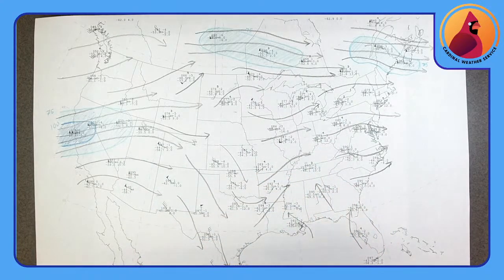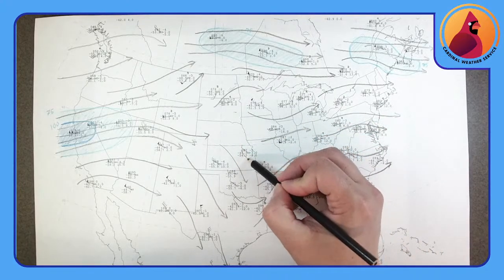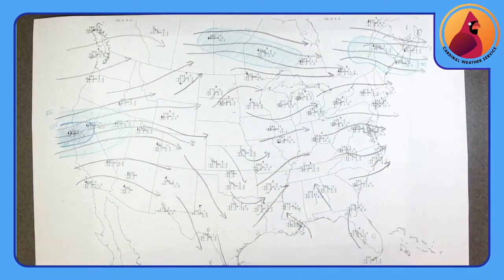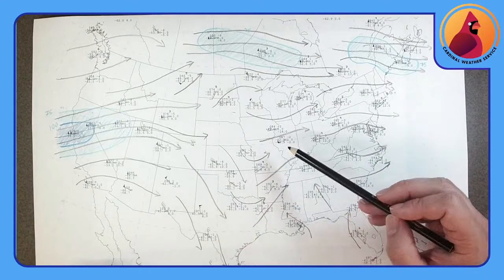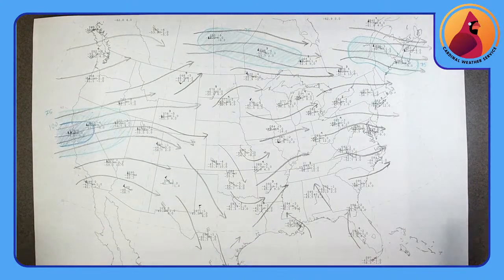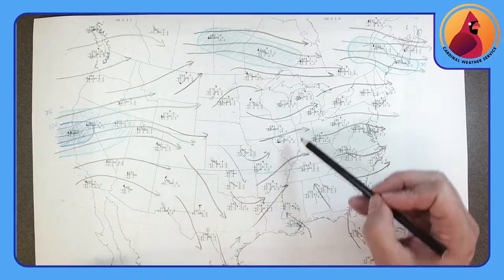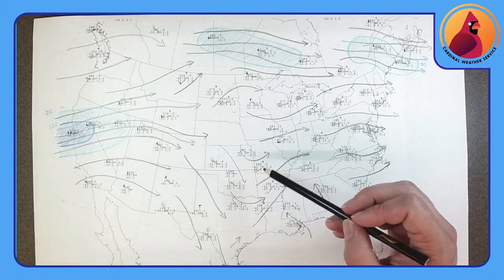And you can see all the way up here, this trough, you can see our trough represented all the way up here at 250 millibars.